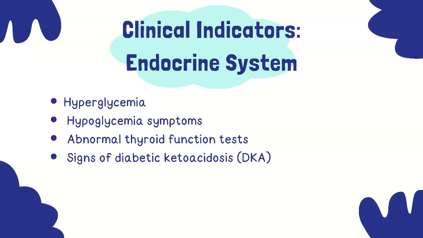Hypoglycemia symptoms can be things like confusion, sweating, altered mental status. These often require immediate intervention. Abnormal thyroid function tests can suggest things like hypothyroidism or hyperthyroidism.